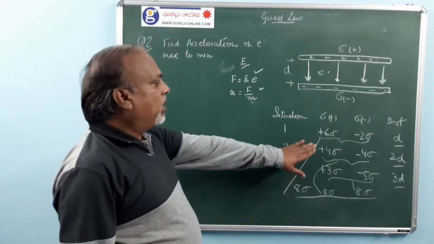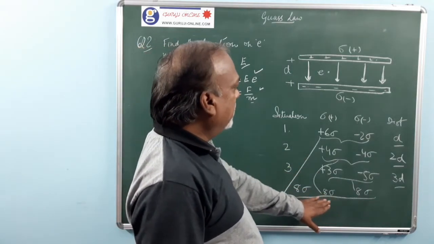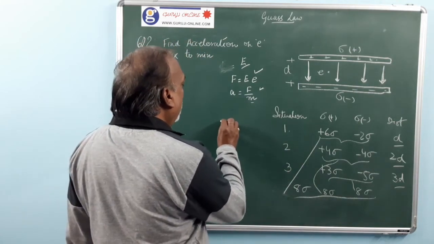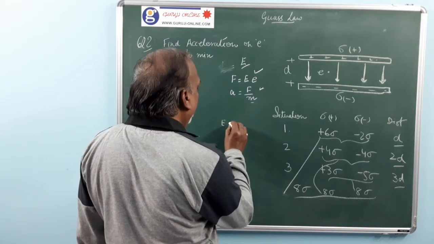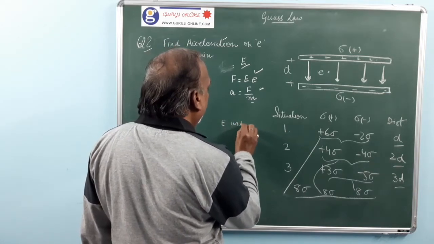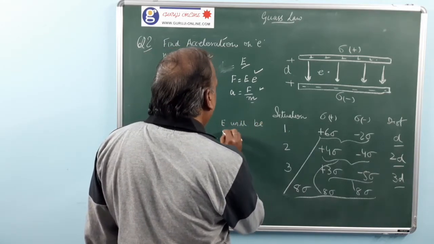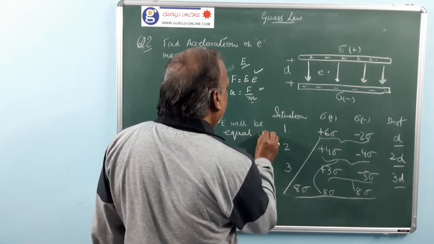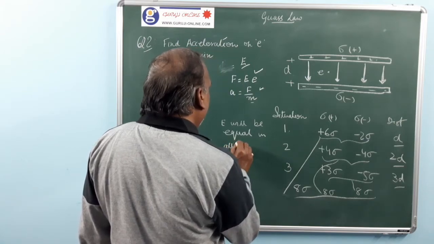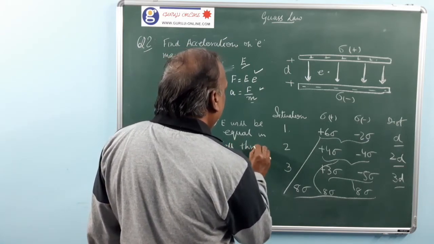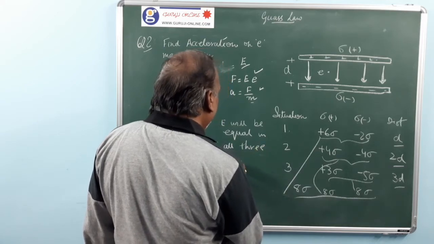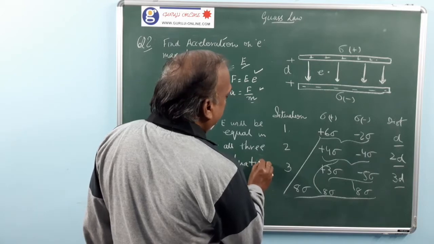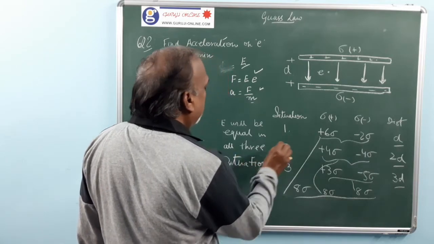And because all these three charges are adding up, the electric field in all the three situations will be equal. Electric field E will be equal in all three situations. Correct?